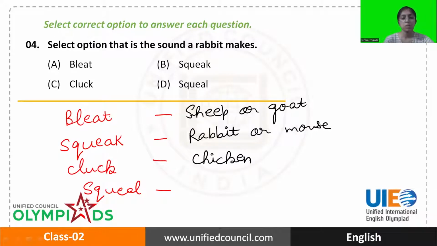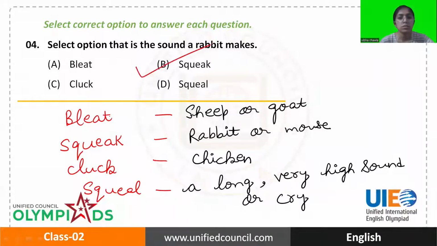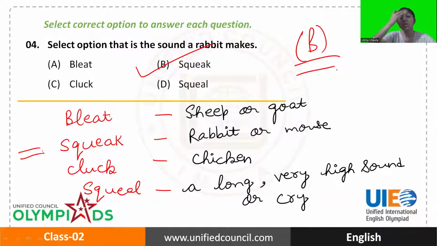And squeal is generally a long, very high sound or cry. So we got the answer. It is squeak, the sound a rabbit makes. Option B.